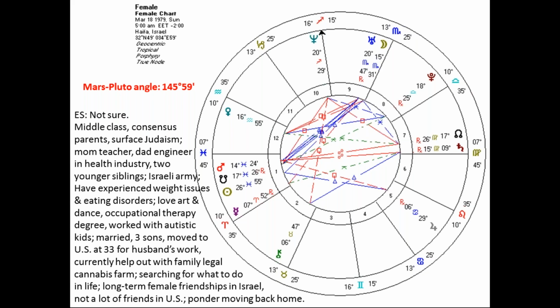Lots more to it. As we now look at the Mars-Pluto relationship, I'm going to say that this person is coming off of the biquintile. She still senses it 2 degrees past, but she's moving towards that 150-degree aspect between Mars and Pluto, which we'll look at as soon as we're done with this example.